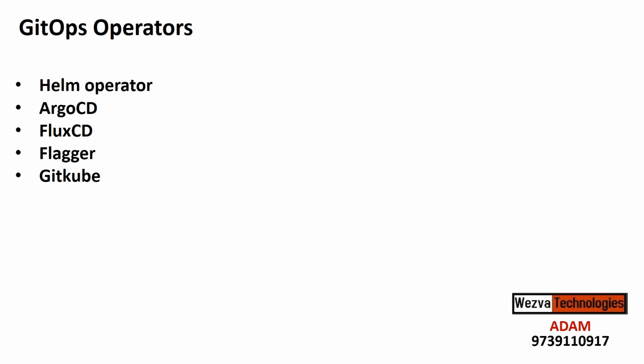Now, out of all those, you might have heard about Spinnaker, but that's kind of a heavy tool. There are two tools which are quite popular in the market: Argo CD and Flux CD. Flux CD is not scalable as of now, because the operator in Flux CD has the ability to connect to just one cluster at a time.